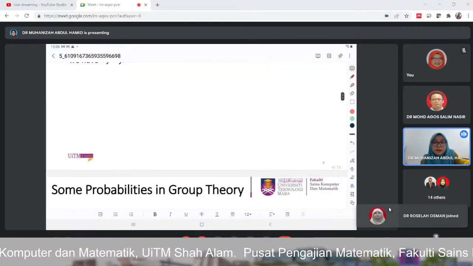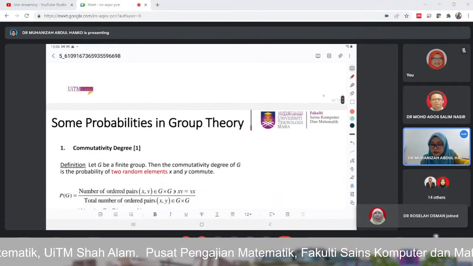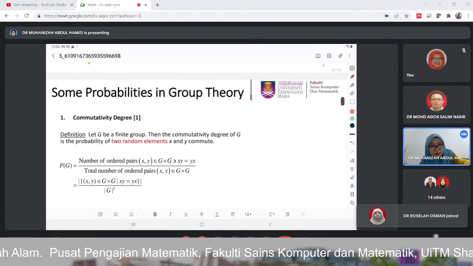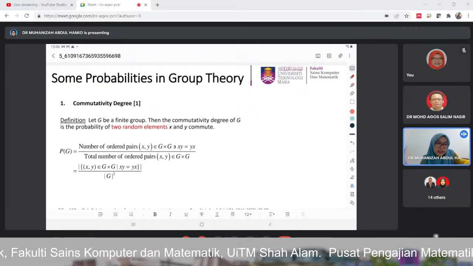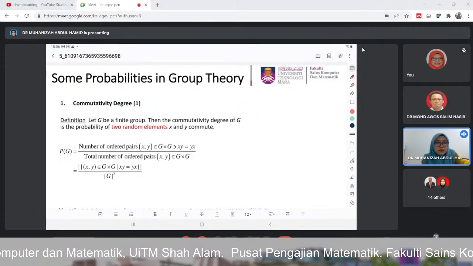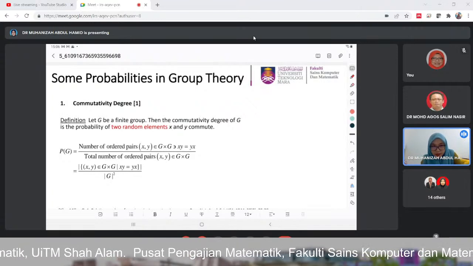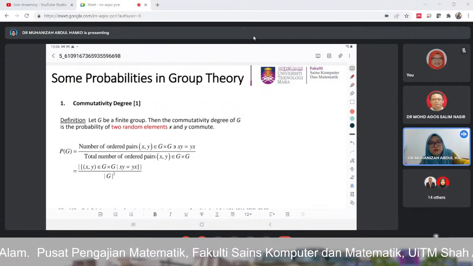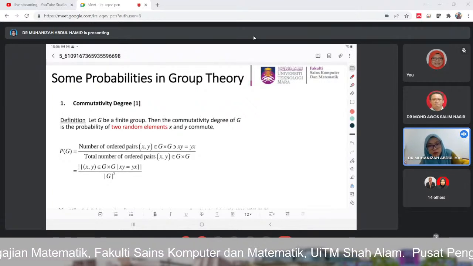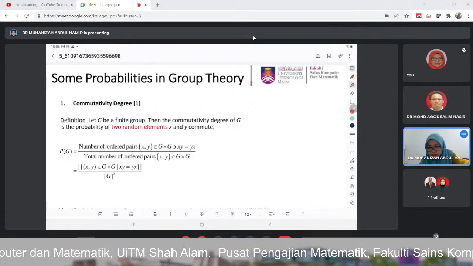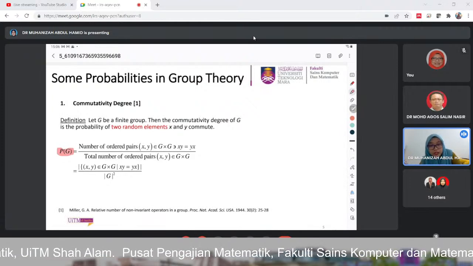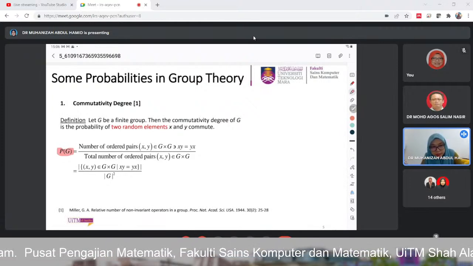Okay, let me share some probabilities in group theory. Let's start with commutativity degree. The commutativity degree is the probability that two random elements X and Y commute, and it is denoted as P of G. This is the notation of the commutativity degree.